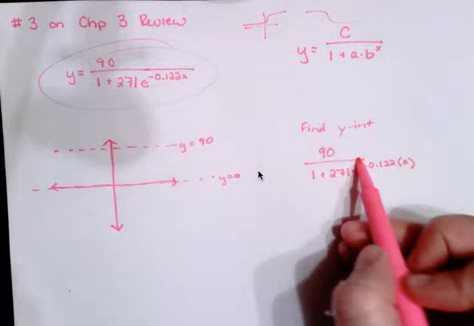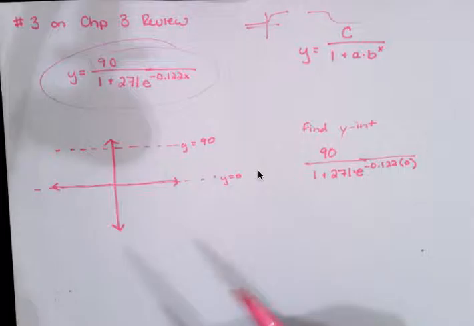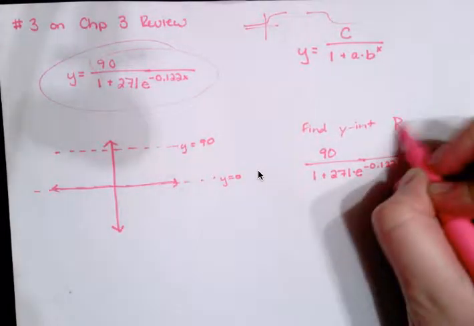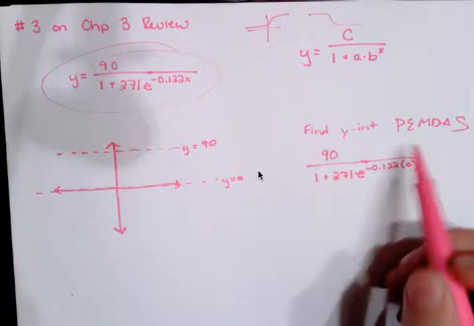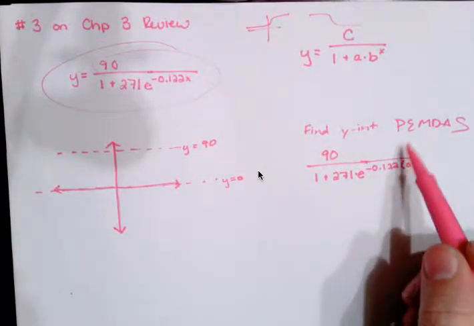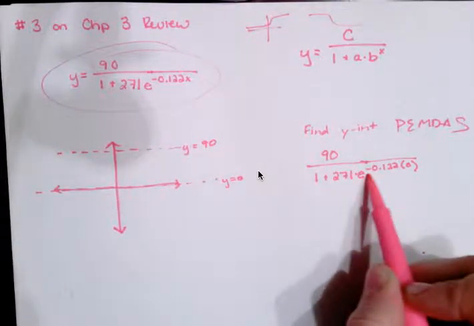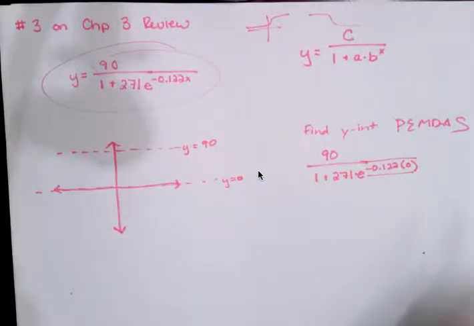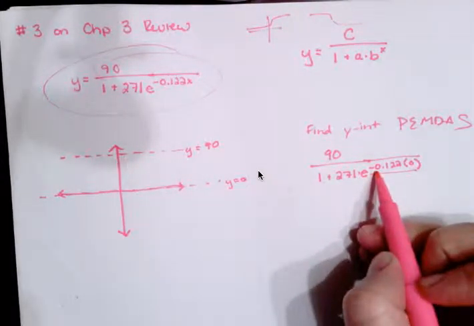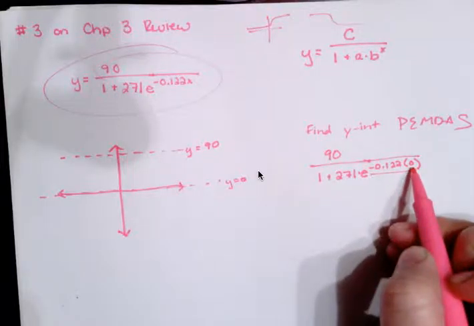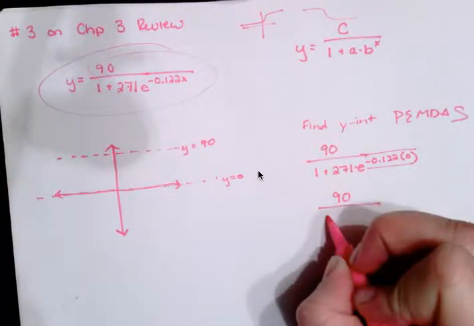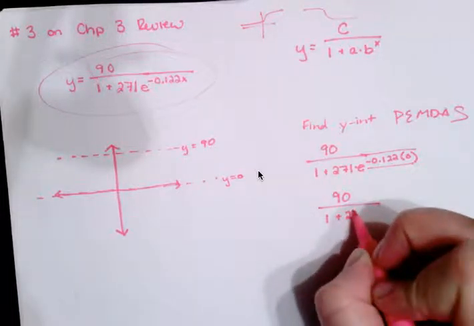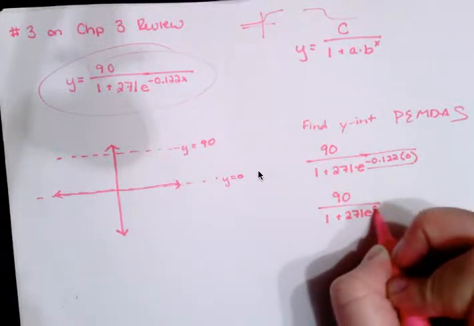When I go to evaluate this, I have to do my order of operations first, which, remember, is please excuse my dear Aunt Sally. So parentheses, I have none. Exponent: I have to do my exponent first, and within my exponent I have multiplication. Negative 0.122 times 0 is 0. So I'm left with 90 divided by 1 plus 271 e to the 0.